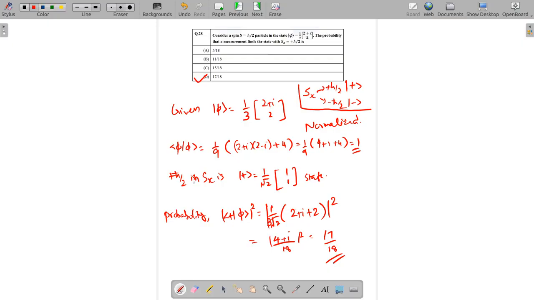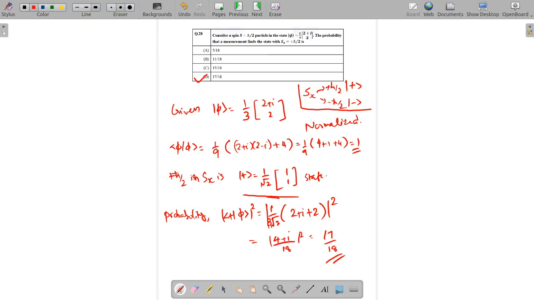Now what they have asked is: what's the probability to get the outcome Sx equals plus ħ/2? So the only technical knowledge you need here is that the plus state is this state. This is the plus eigenvalue state for the Sx operator, the Pauli x operator.